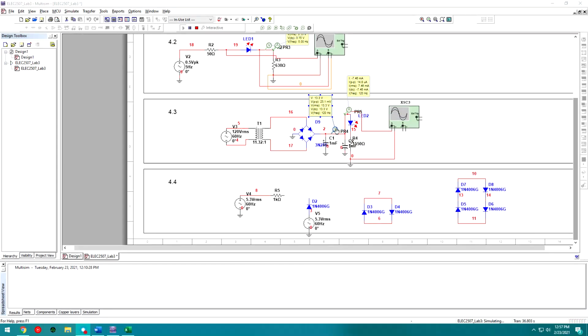Any load that's going to be seeing that wave is going to treat it as a DC wave, and that makes intuitive sense to what we're seeing here on the LED. There's no more flashing. The red sign on the LED is completely solid, and that means the LED is constantly on because it constantly has enough voltage to forward bias this PN junction.